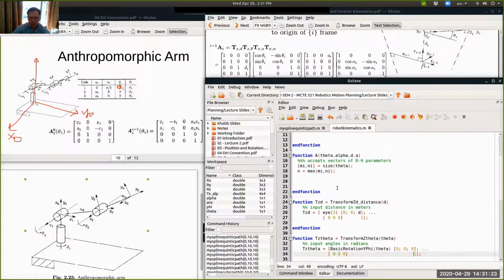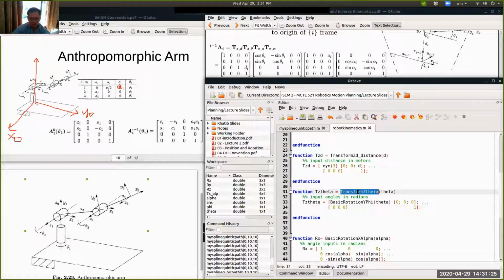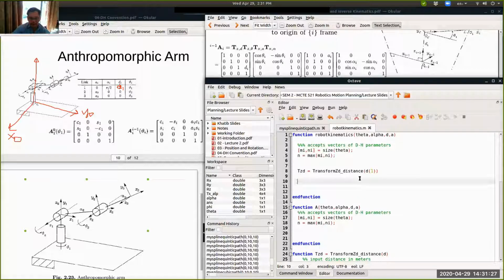Okay, let's check. Transform Z theta by theta. Theta 1. Okay, it's fine.